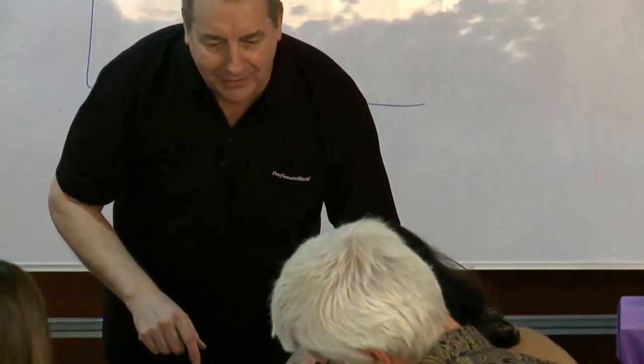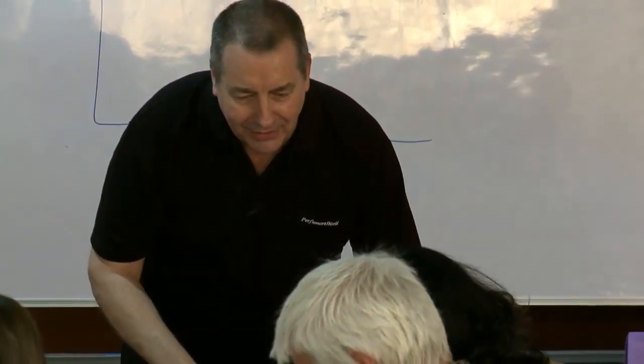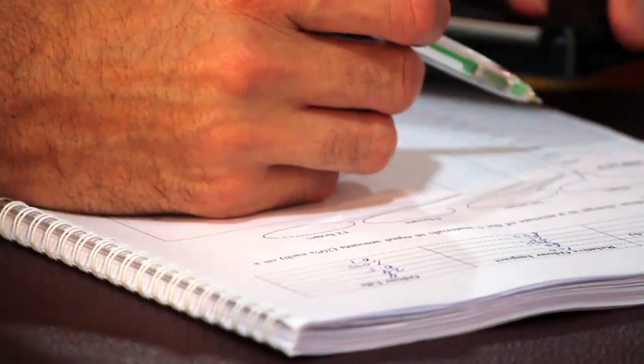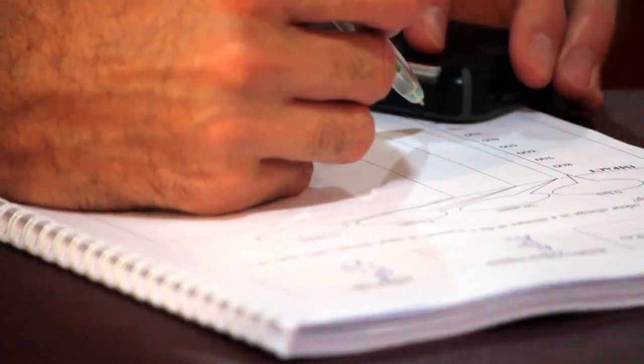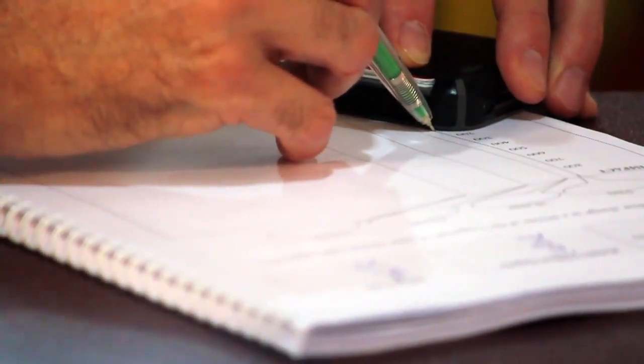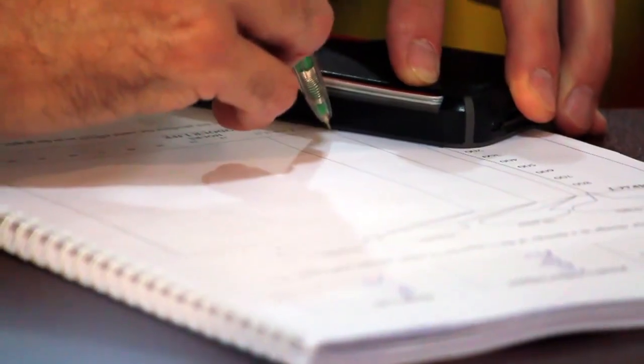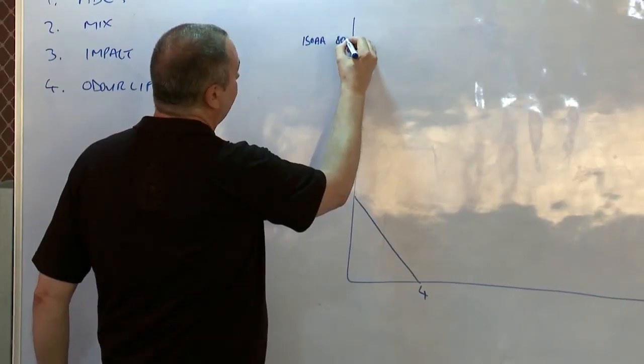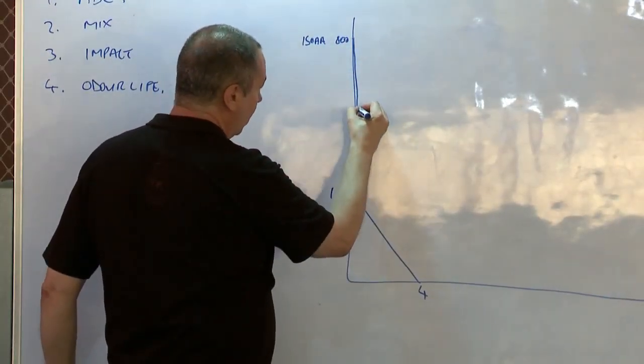Like linalool would start at 100 and go down to 4, yeah? So linalool will go down from 100 to 4. Isoamyl acetate from 800 to 0.1.